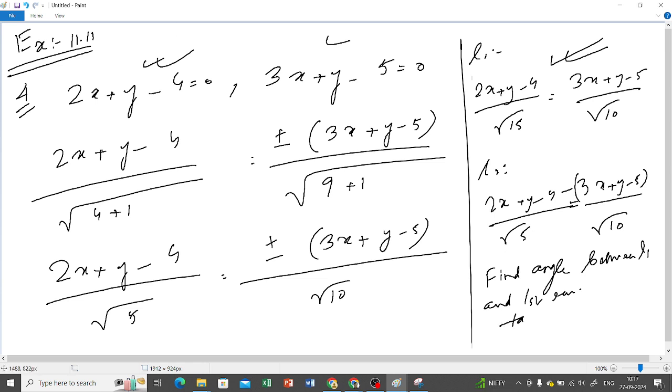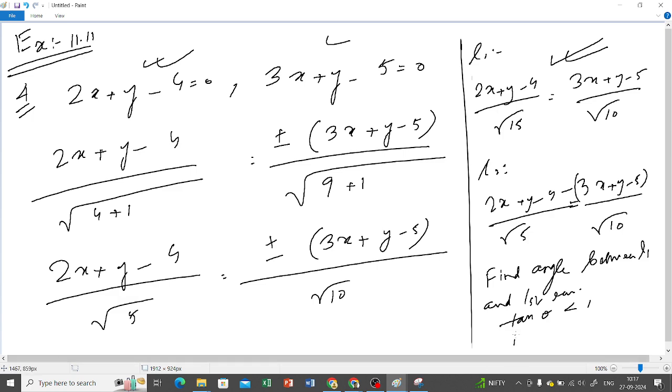See whether you get tan theta as less than 1 or not. If tan theta is less than 1, then L1 will be the bisector of acute angle and the other one will be the bisector of the obtuse angle.